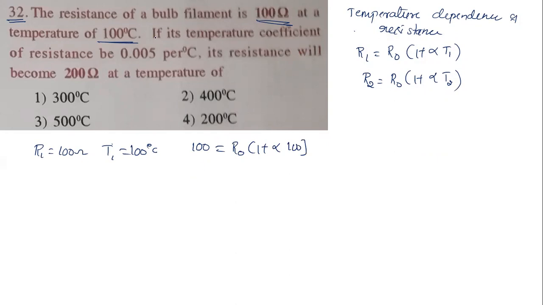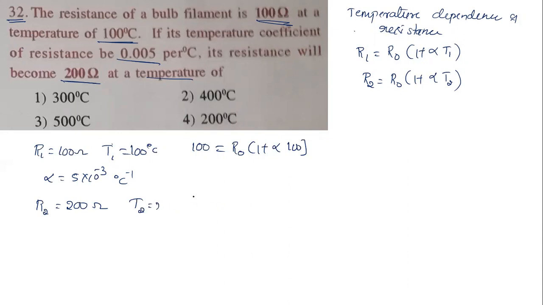Now, its temperature coefficient of resistance, alpha, is given to us. I'm going to write it like this: 5 into 10 power minus 3 per degree Celsius. Its resistance will become how much? 200. So let's say R2 becomes 200 ohm. At a temperature, we need to find T2.